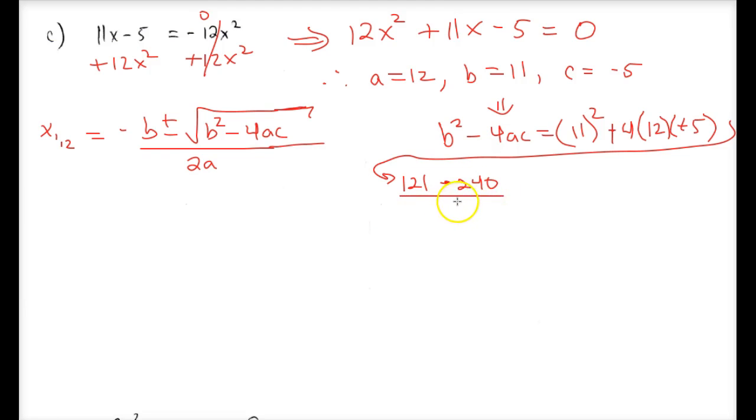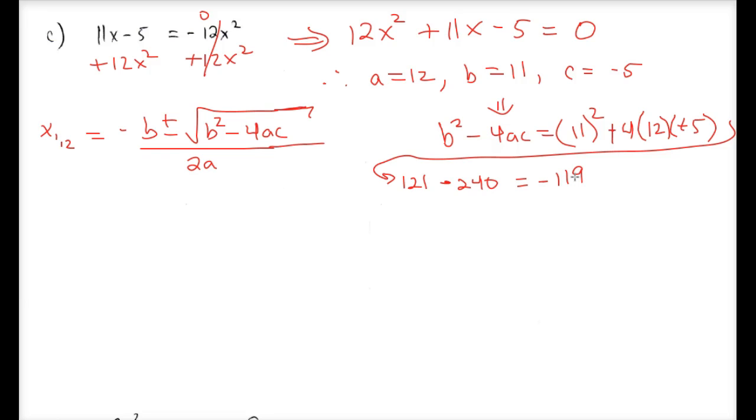Let's get rid of all that. Now we just have 121 minus 240, and we see that is negative 119.